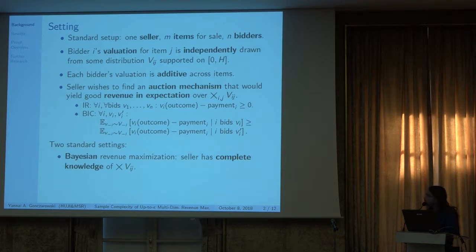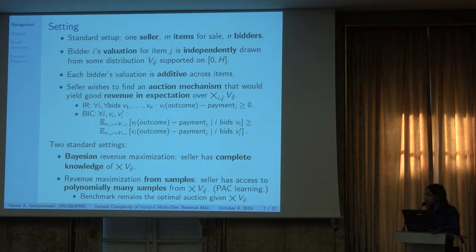In this model, there are two standard objectives. First, Bayesian revenue maximization, assuming that the seller has complete knowledge of the underlying product distribution. The seller wishes to devise a mechanism or an auction with good revenue in expectation. The other standard setting, very popular in the past few years, is revenue maximization from samples.